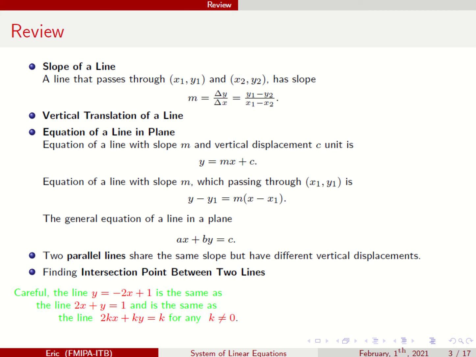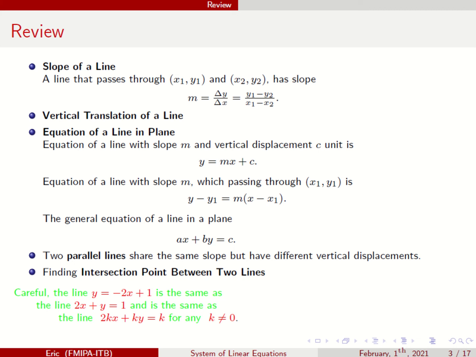Finding the intersection point between two lines. If you are given two lines, ax plus by equals c and maybe dx plus ey equals f, how do you find the intersection point? Very good. To find the intersection point, I have to find the solution of the two linear equations, x and y that satisfy both equations.